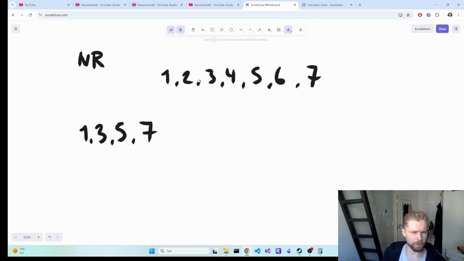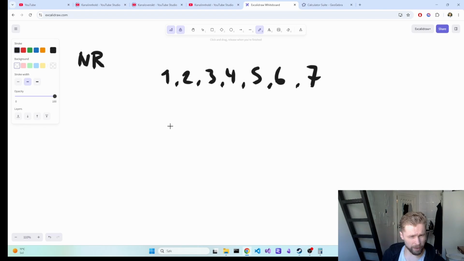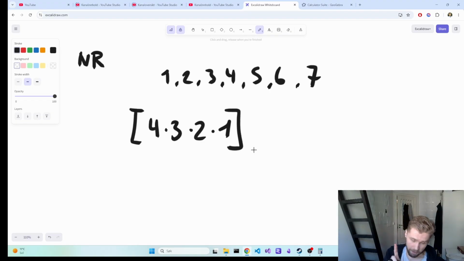So this is going to be, wait, there's no repetition. No repetition at all. So first we've got, let's say, 4 times 3 times 2 times 1. These are my odd digits, unbroken.